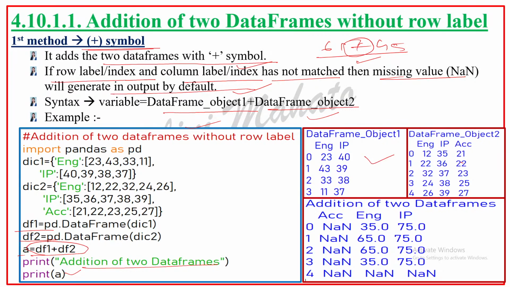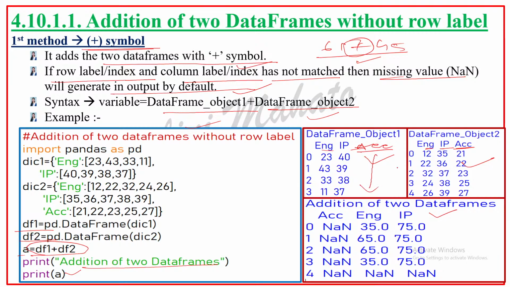When you add it, look at here: English, IP and accountancy. In the first data frame, the accountancy column is not available.